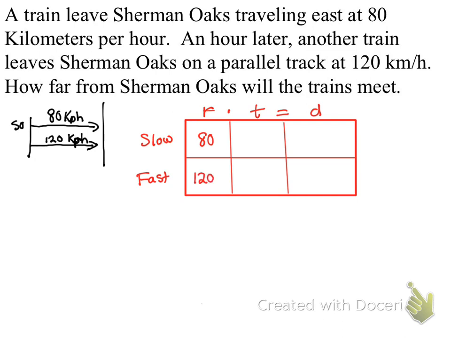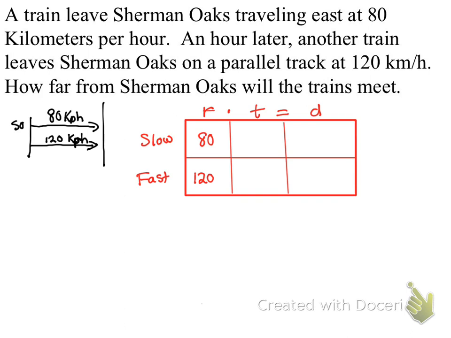What do I know about the time? Elise? That the faster train leaves an hour later than the slower train. Would it be t plus 60 or t plus 1? Well, you know why? Because it's kilometers per hour.